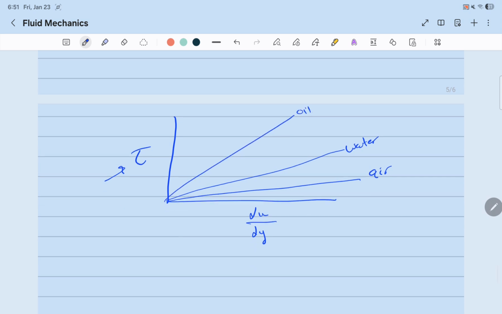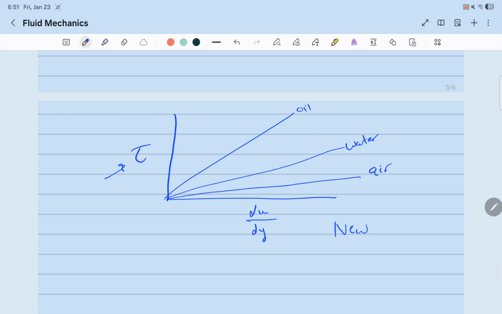Again, these are Newtonian fluids, which means basically they have a linear relationship between shear stress and velocity gradient.